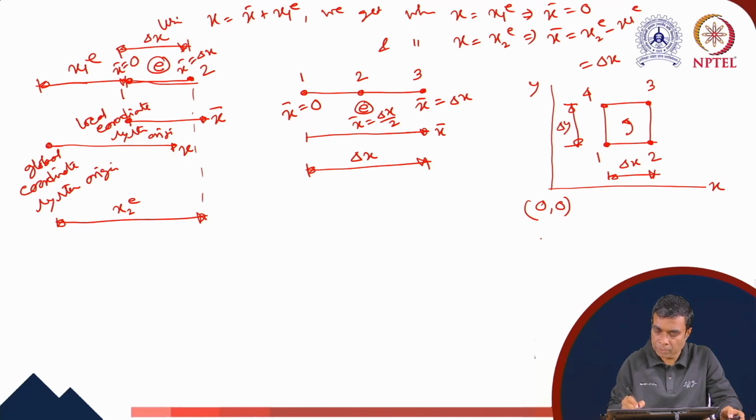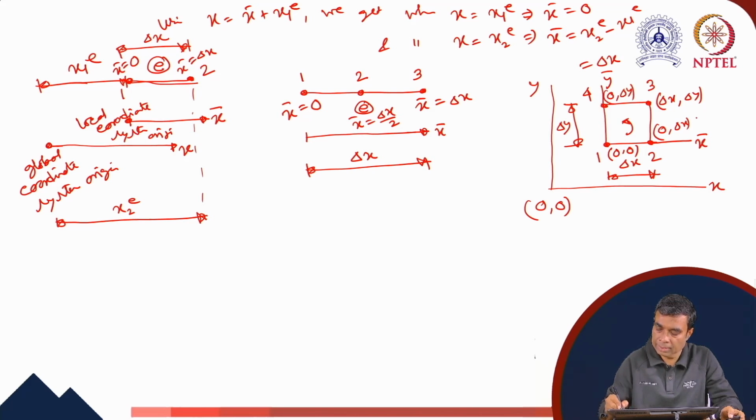So, we know that the origin we have to put at the first local node for the local coordinate system, x bar and y bar. So this origin's coordinate is 0, 0. This is 0, delta x. This is delta x, delta y. And this is 0, delta y.